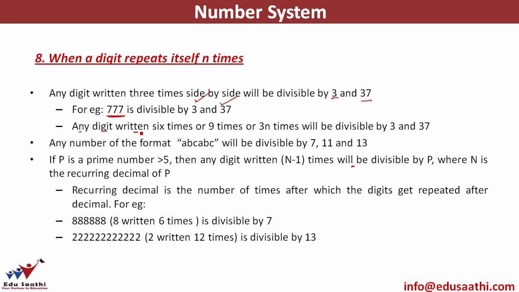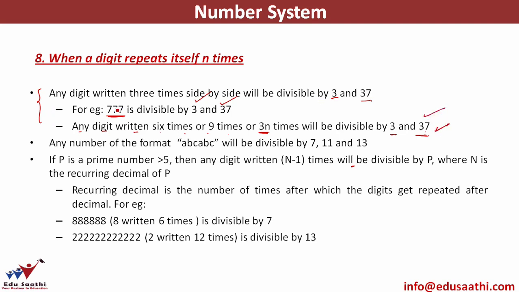Any digit written 6 times or 9 times or 3n times will always be divisible by 3 and 37. Very important. So if I am writing a digit thrice, it will always be divisible by 3 and 37, and if I am writing it 6 times or 9 times, that means multiples of 3, it will be divisible by 3 and 37.